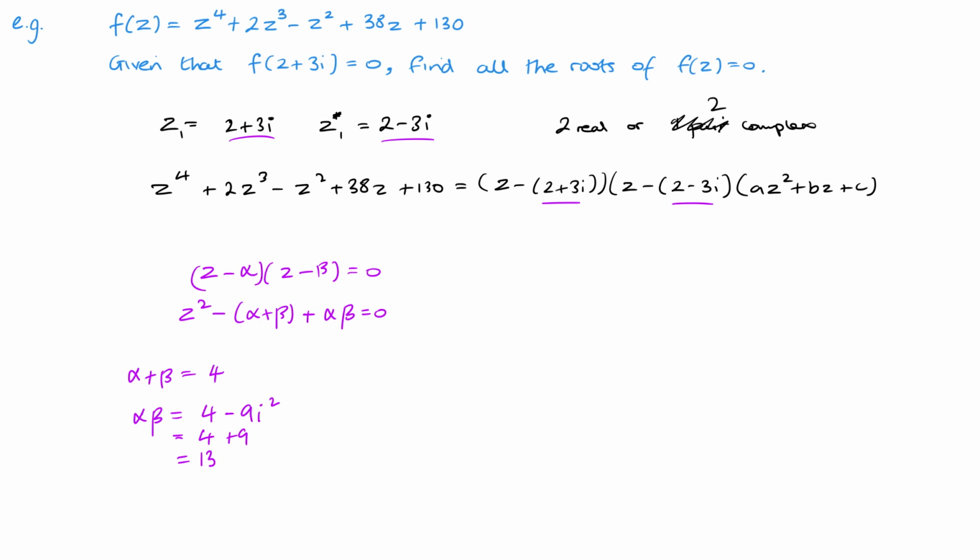So what I can do now is replace this. If I pop it straight into brackets, we've got z squared minus alpha plus beta was 4. Oh sorry, that would have been 4z plus alpha times beta, which is 13.